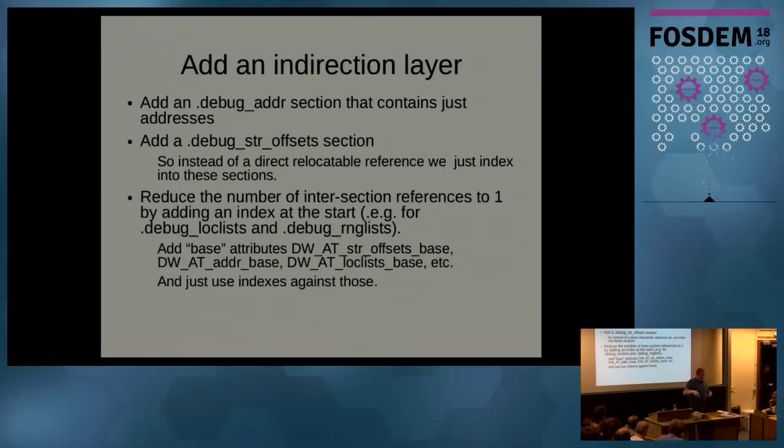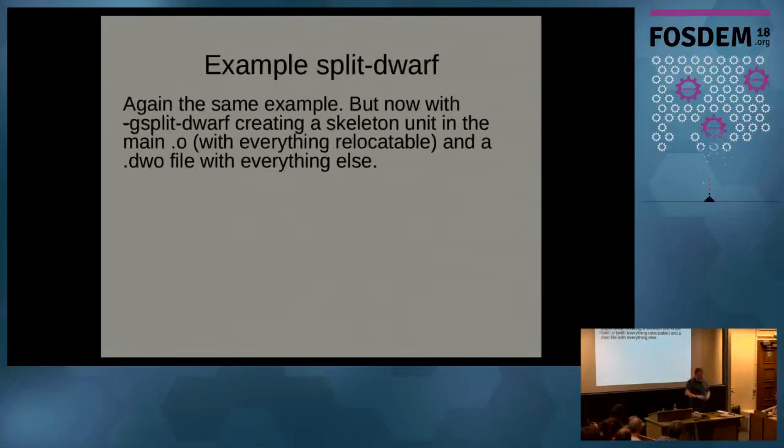One of the nice things is that through all that, if we use all those indirections, we can move most of it out of the object files. So we don't need the linker to even see most of the DWARF data.